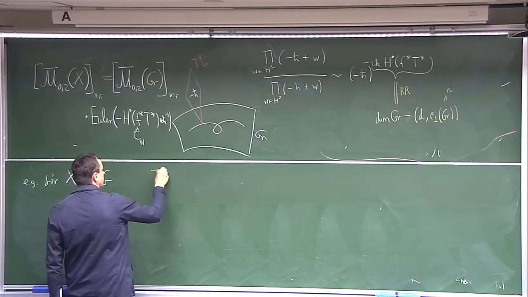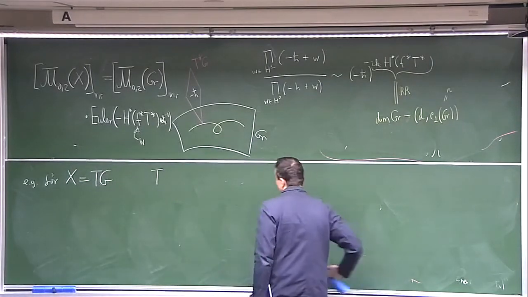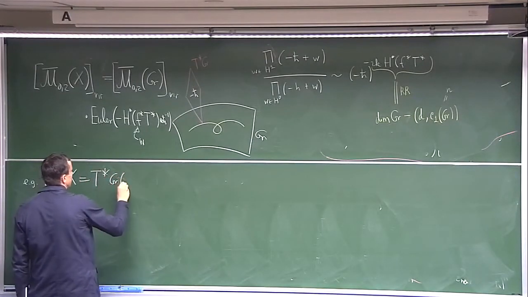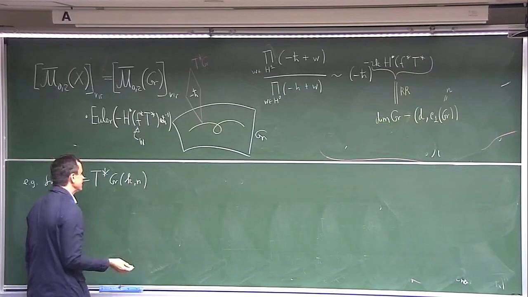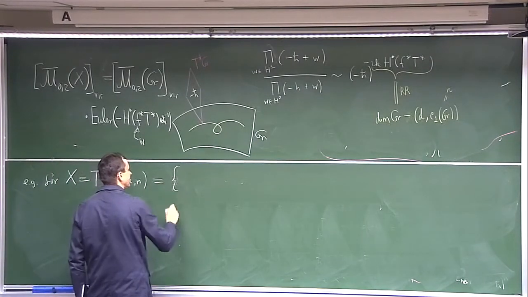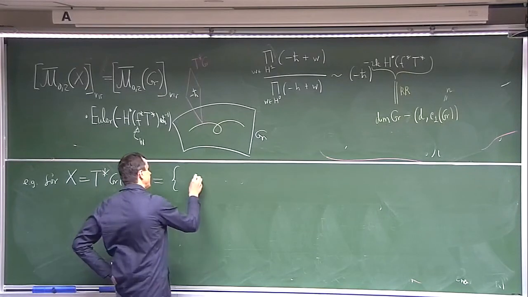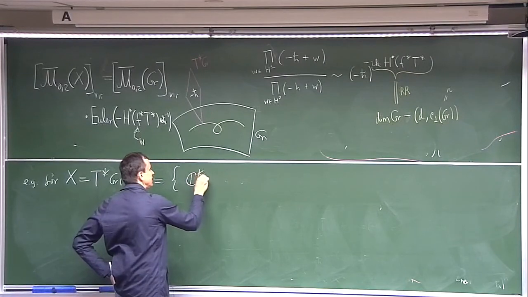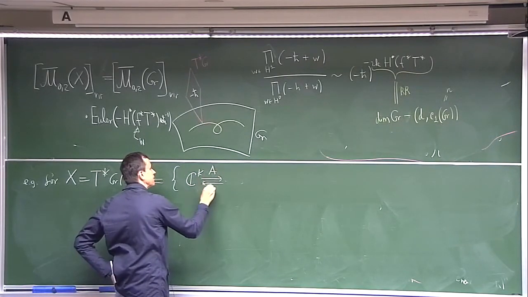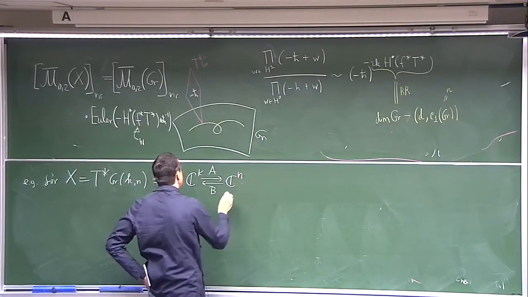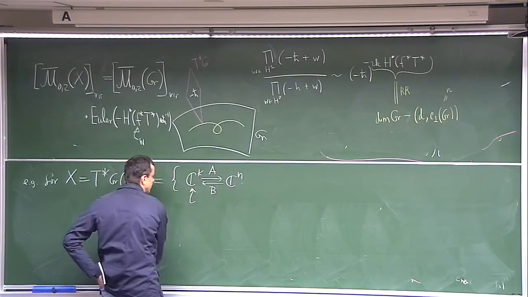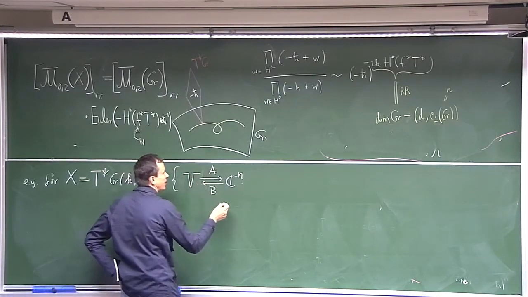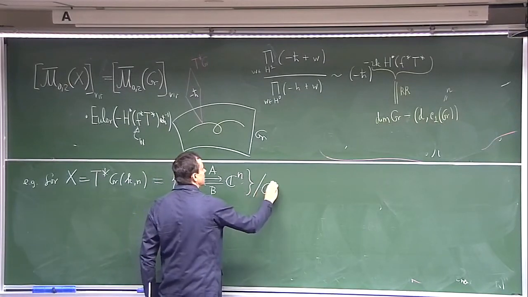What is the tangent bundle? So this is T star Grassmannian. Well, we've discussed that this is the space formed by pairs A and B, with C^k, C^n, and this is my V, the fiber of my tautological bundle, modulo GL_k.